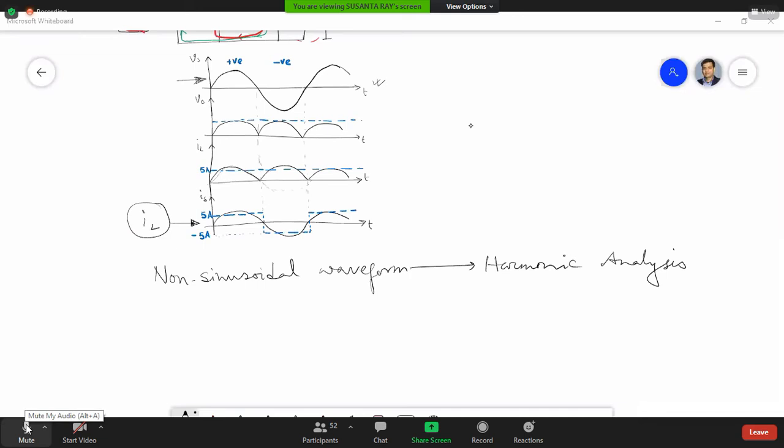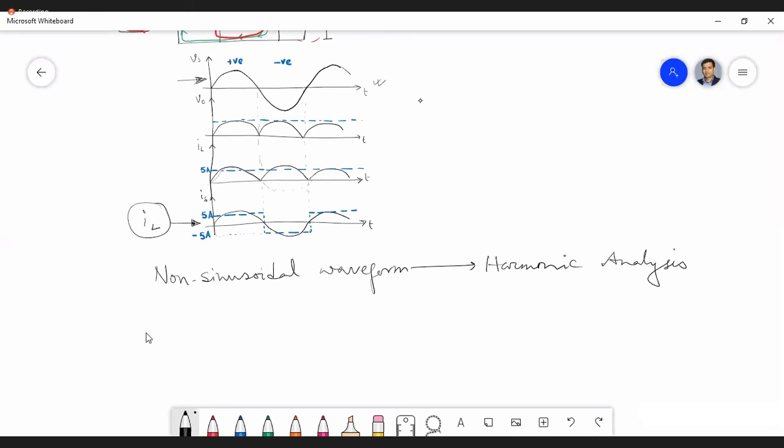The same frequency as that of the non-sinusoidal waveform will be the fundamental frequency. Correct. Fundamental frequency is the frequency of the original wave, and the harmonics will have frequencies that are integer multiples of it. The original non-sinusoidal waveform is basically a periodic waveform.